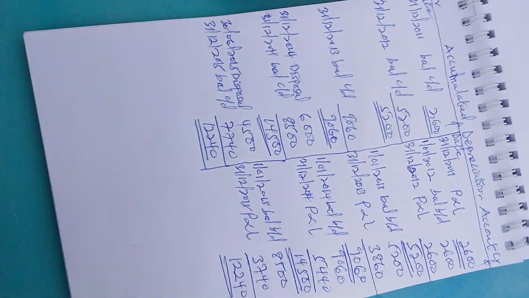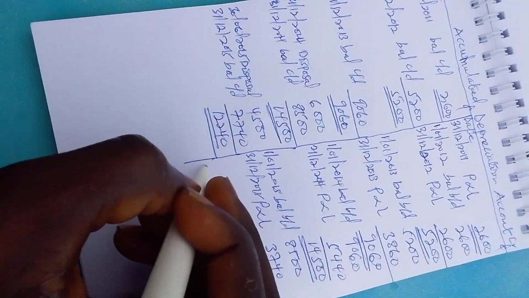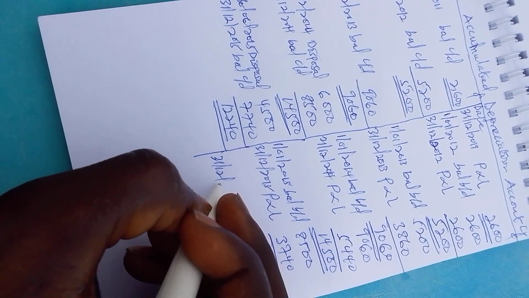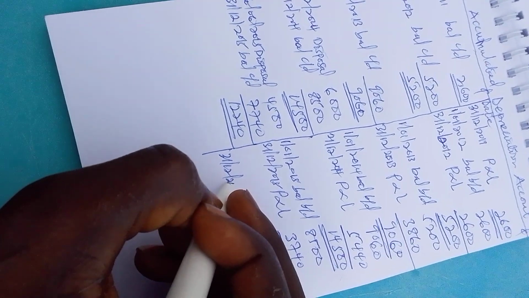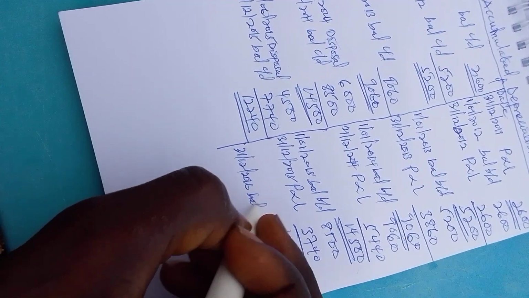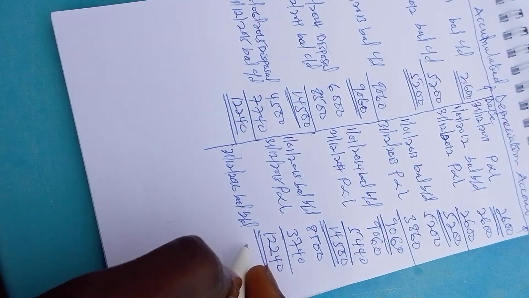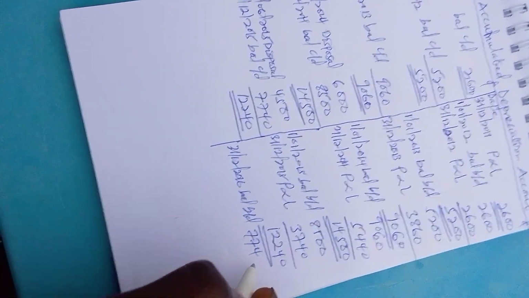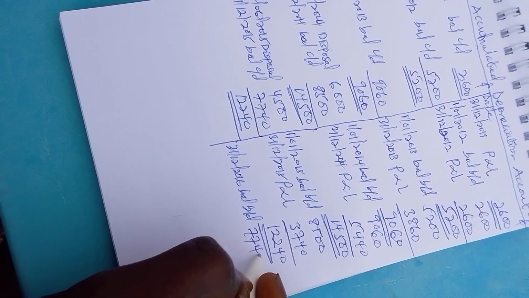So now we have balanced it off. 31st December 2016, balance brought down is 7,740.